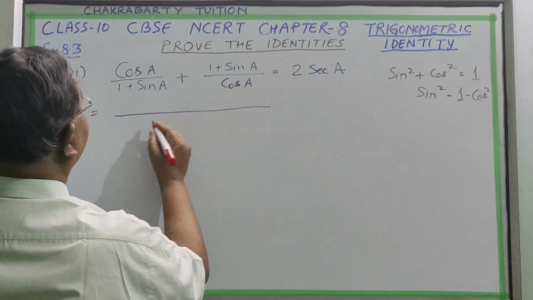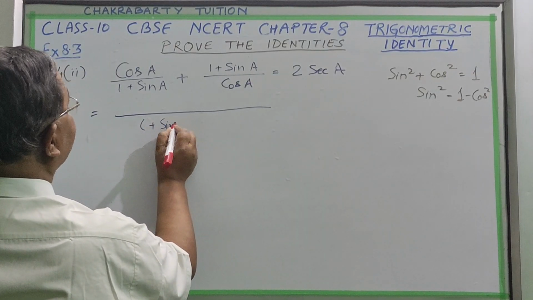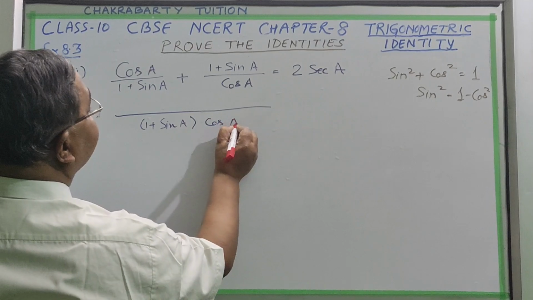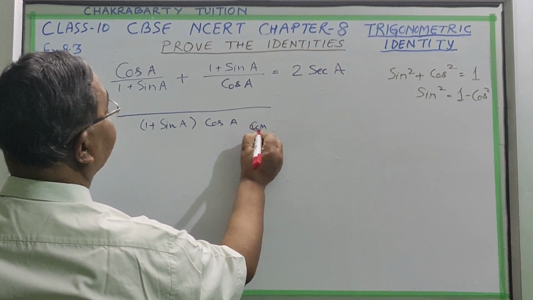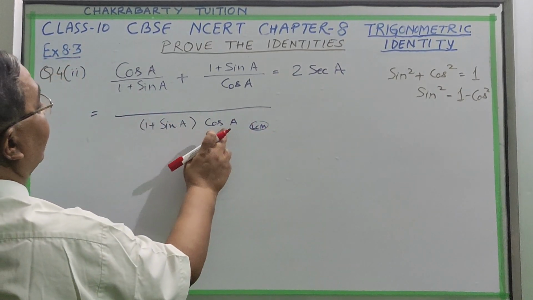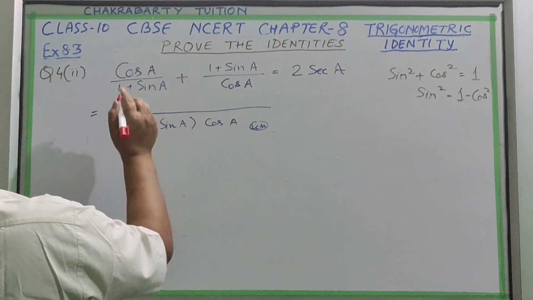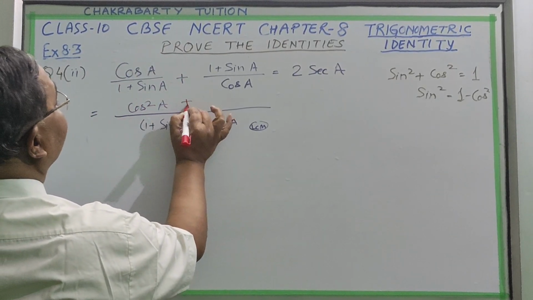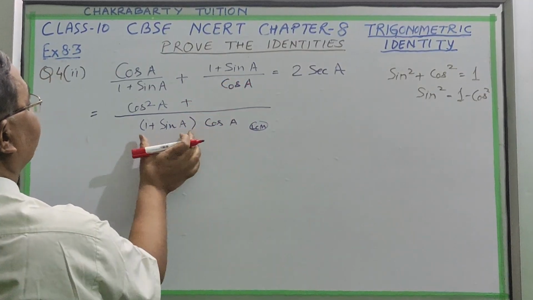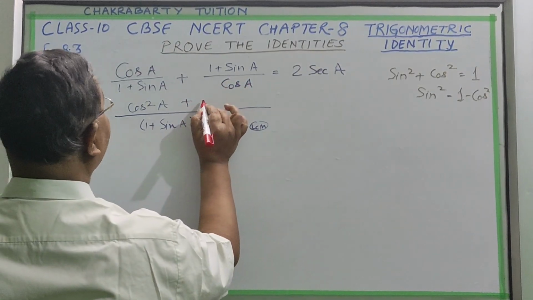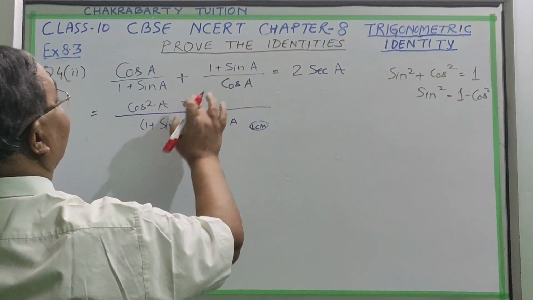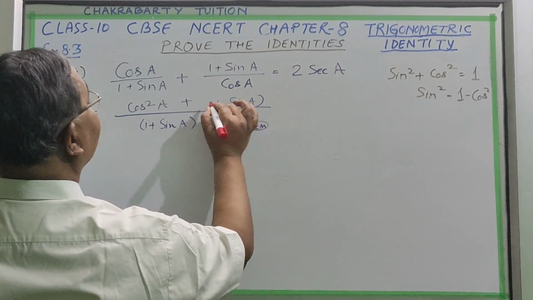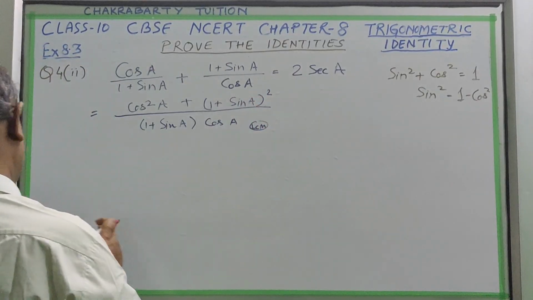The LCM we are taking is (1 plus sin A) and cos A. If you divide it, cos A will come and multiply with cos A, so it will become cos square A. And here if you divide, 1 plus sin A will remain, so 1 plus sin A and 1 plus sin A will multiply. So it will become (1 plus sin A) whole square.